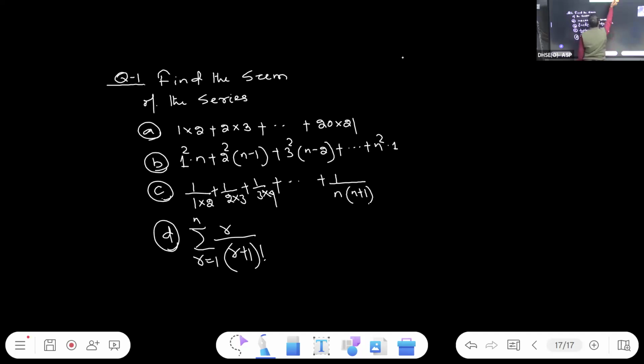The first question is 1 into 2, 2 into 3, up to 20 into 21. Come to the solution.